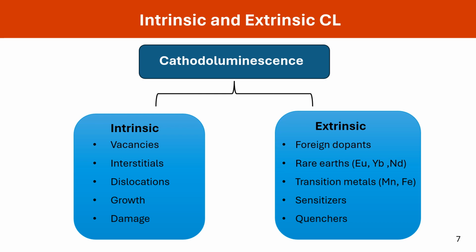Some defects work to enhance the CL emission from some of the emission centers, and in that case they are called sensitizers, and some defects can also cut down the emission. In those cases they are called quenchers. So these are the reasons which can lead to these two types of incoherent CL.